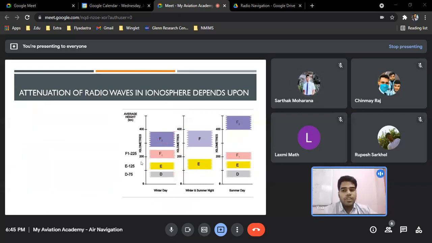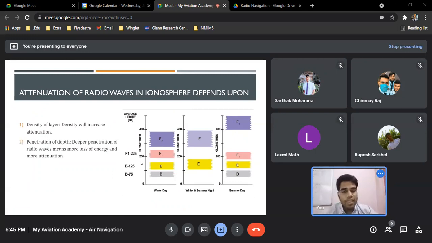Attenuation of radio waves in ionosphere depends upon density of layer. Of course, density will increase the attenuation. I have already made you understand that. Penetration depth, that is basically the penetration of the radio wave. Deeper penetration of the radio wave means more loss of energy and more attenuation. So it's basics, right? The more I want to go deep, the more someone will stop me and the more energy I'm using.